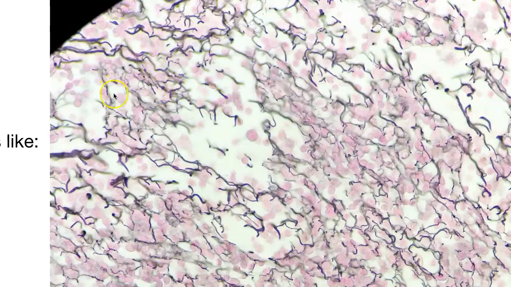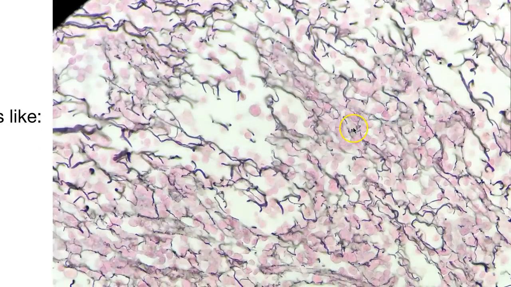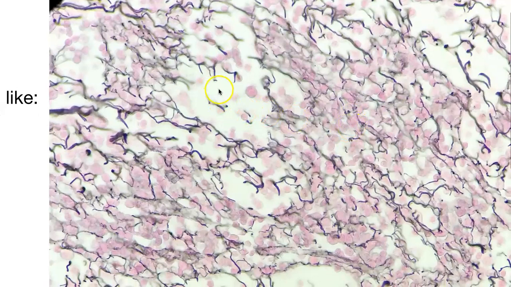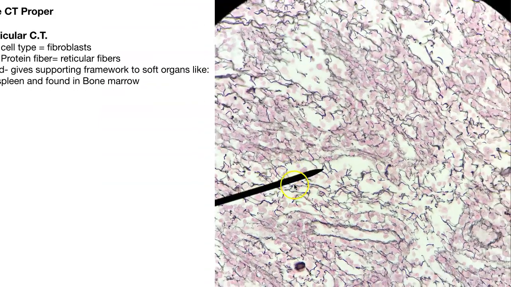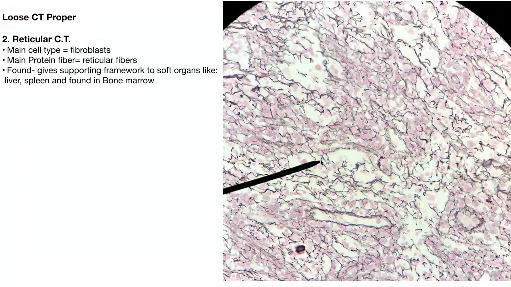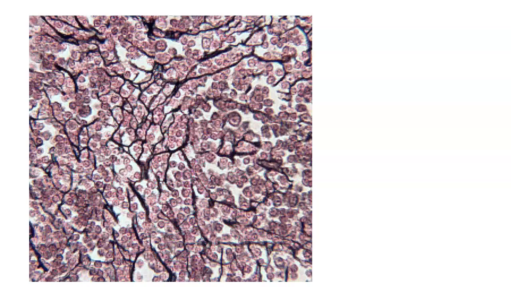These are the cells of the soft organ that these reticular fibers are in. I'm sure some of these are fibroblasts. I just don't know which ones. Here is the white space where we have our ground substance. Reticular fibers, easy to see. Found in soft organs, giving support to our soft organs.